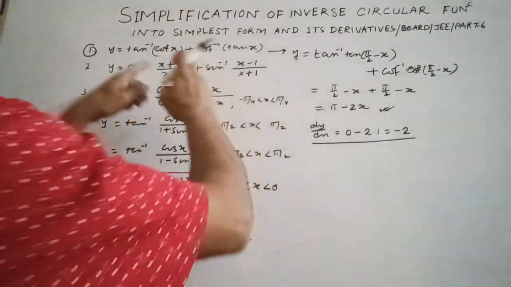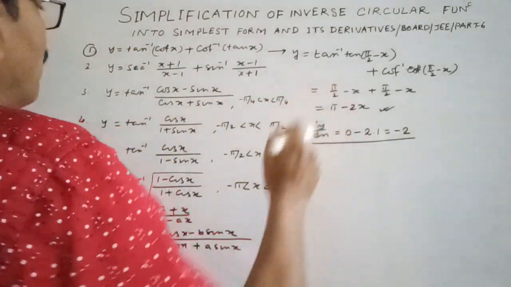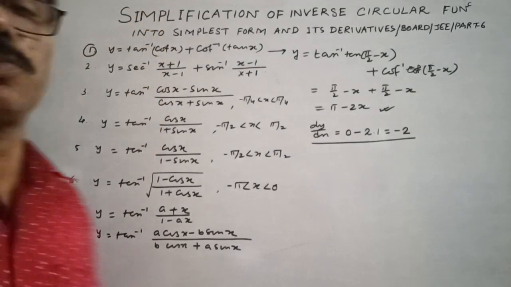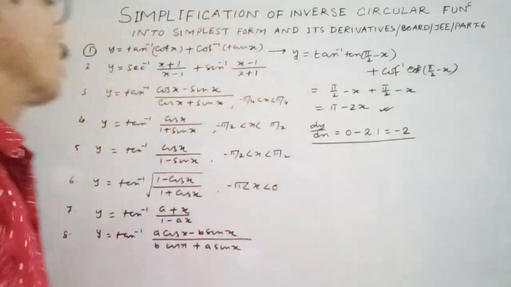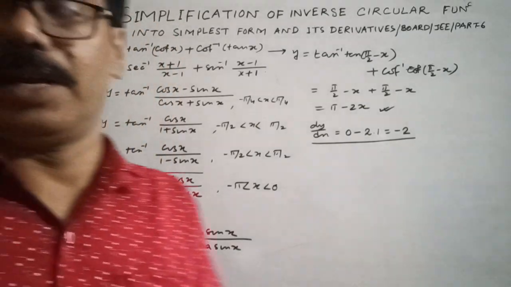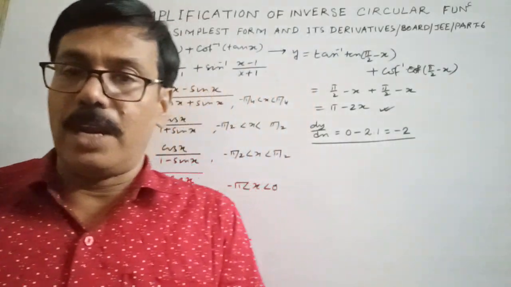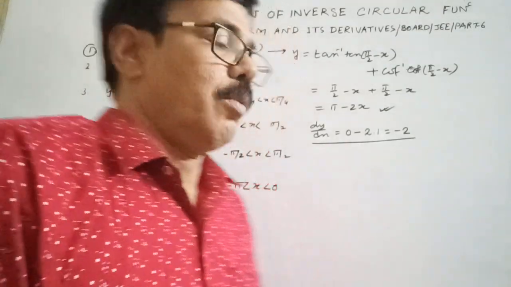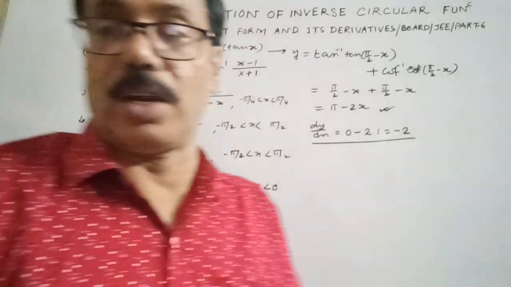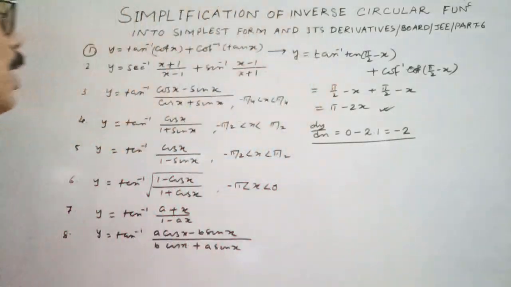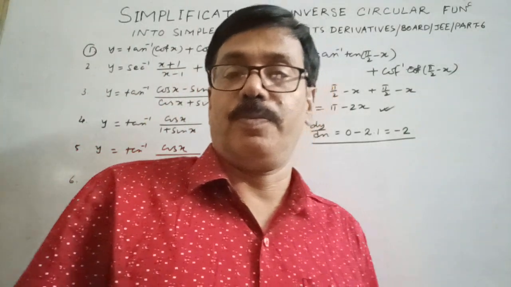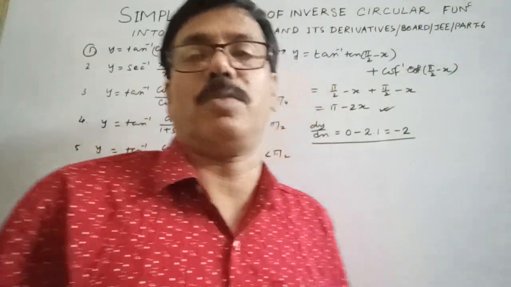If you use differentiation by direct method, then you have to use tan inverse cot x. Formula of tan inverse x, 1 by 1 plus x square into d dx of cot x. It will be lengthy. So our main aim will be, for performing derivative of inverse circular function, to simplify it in the simplest form, if possible, then perform derivative.